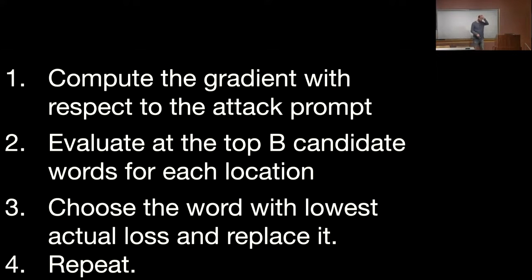It's relatively straightforward. You compute the gradient with respect to the attack prompt. Then, instead of considering just the one next token that looks closest in the gradient direction, you consider the top B tokens that are in the direction of the gradient, and you enumerate all of them and say, these are good candidate words to swap out. Let's try those.